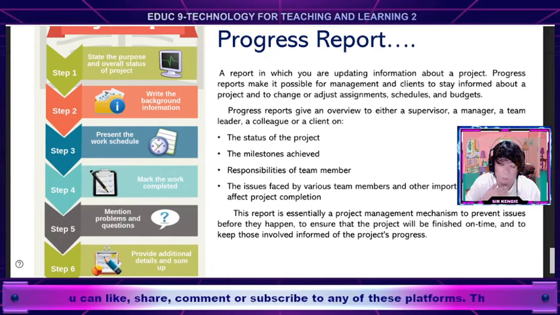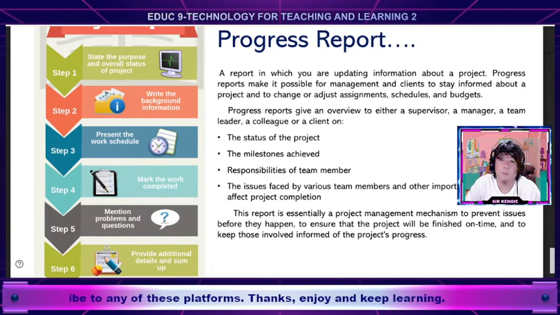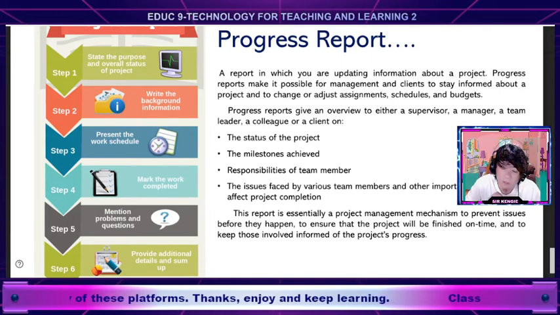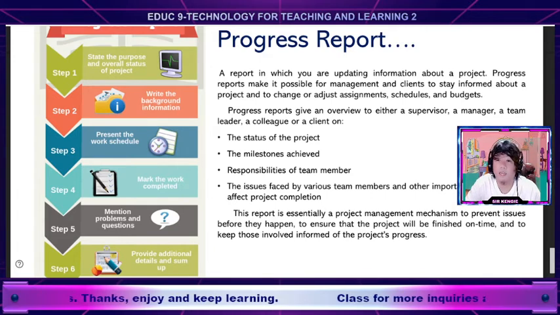Okay? Progress report is part of monitoring your IM project. It makes it possible for management and clients to stay informed about a project and to change or adjust assignments, schedules, and budget.